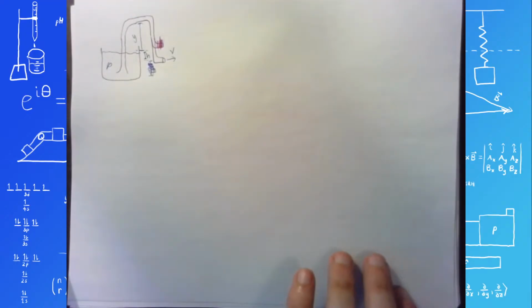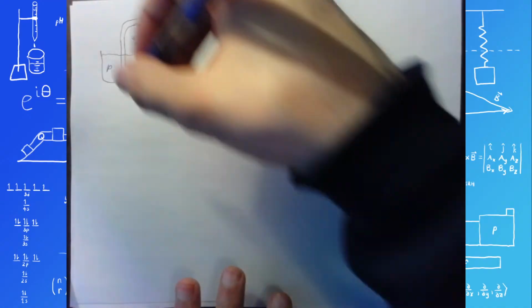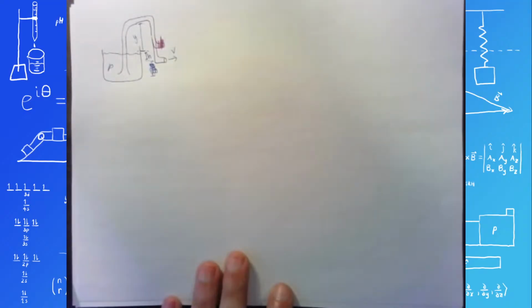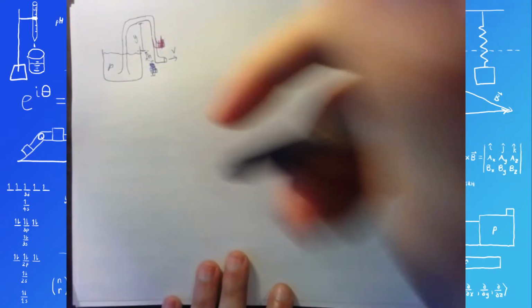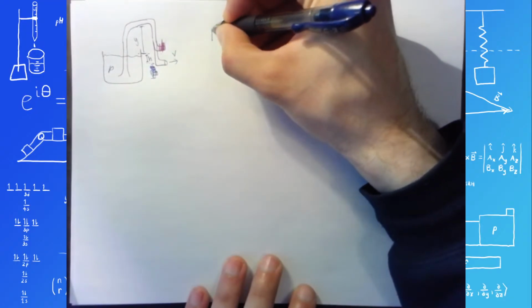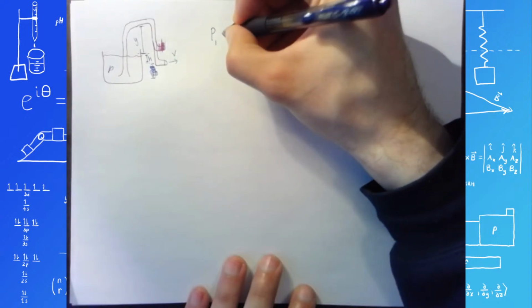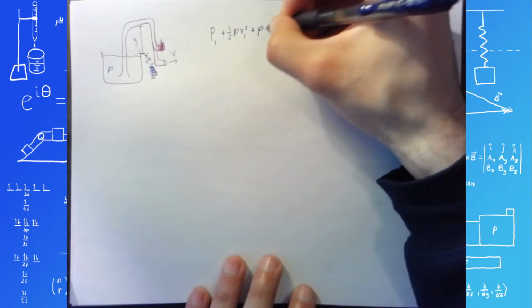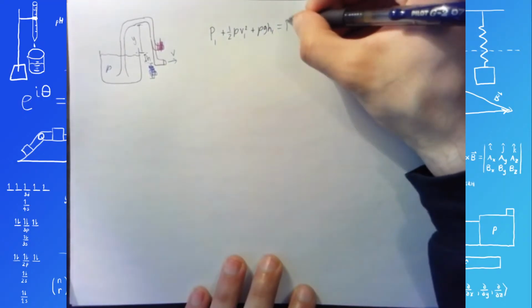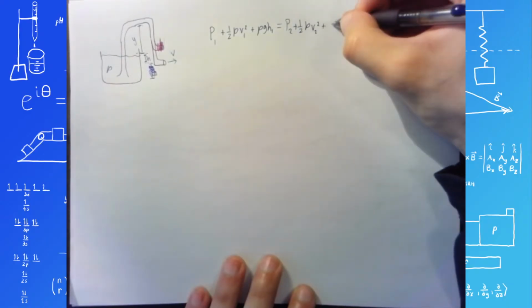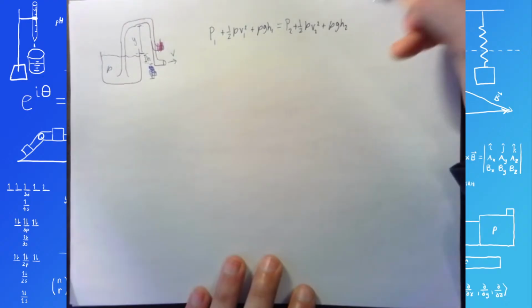Okay, well, this is the same result we've seen before with Torricelli's theorem. It shouldn't be too surprising to you. If we just use Bernoulli's equation, we get P1 plus 1/2 rho V1 squared plus rho GH1 equals P2 plus 1/2 rho V2 squared plus rho GH2.